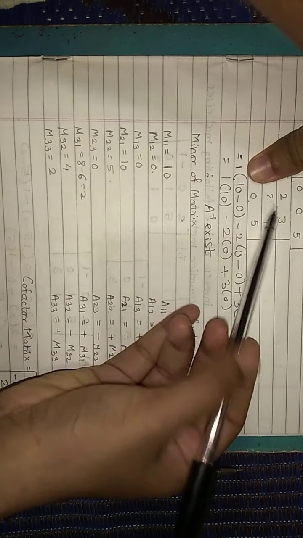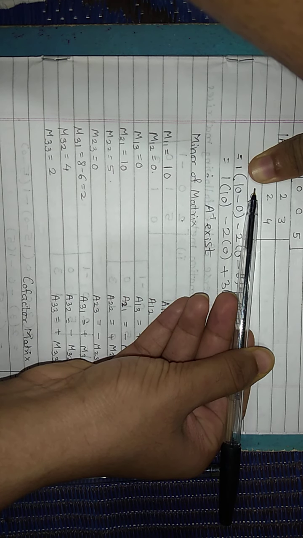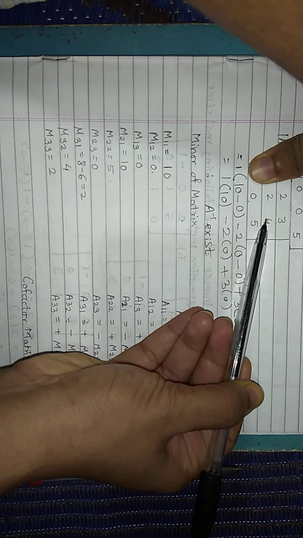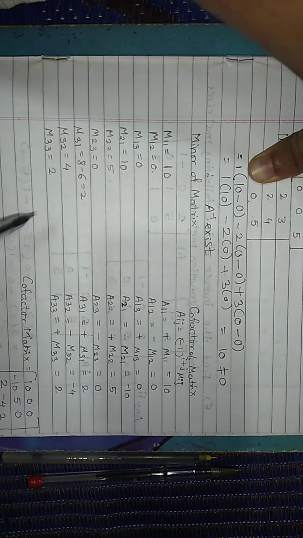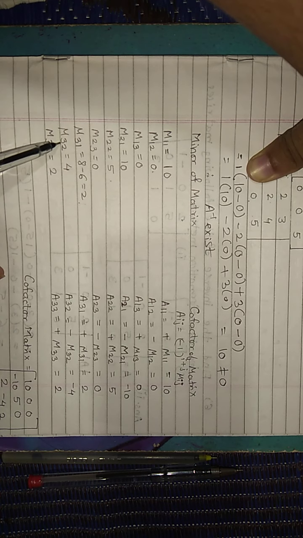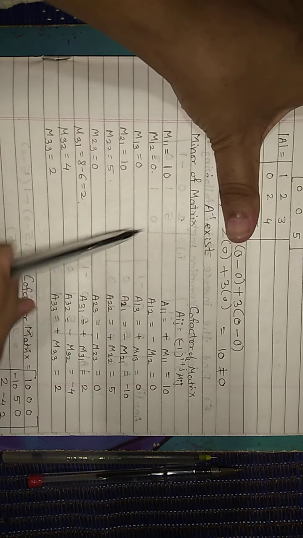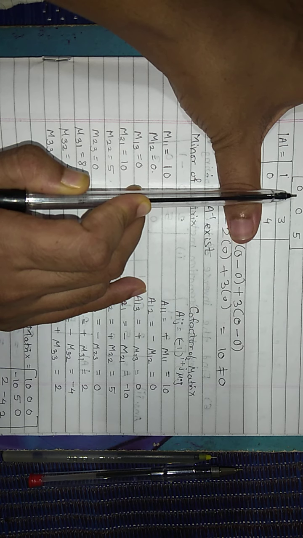And M31. The remaining elements are 2, 3, 2, 4. So cross multiply, 2 into 4, 8, minus 2 into 3, 6. So 8 minus 6 is equal to 2. M32: remove the third row and the second column. Elements are 1, 3, 0, 4.